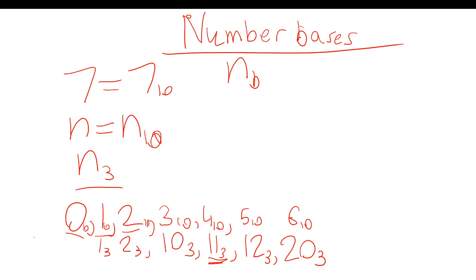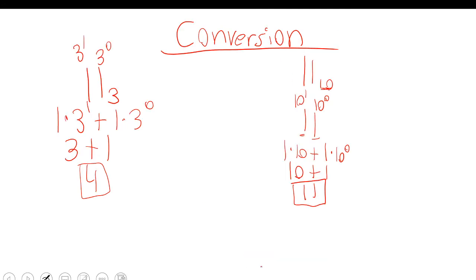Let's take another example. Let's do 12 base 3. 12 base 3 is a little bit harder. I mean, it's not harder, now you know it. Now I do the conversion. Okay, we're in base 3, so we're going to use 3 as the base for our exponent, and the power stays the same.